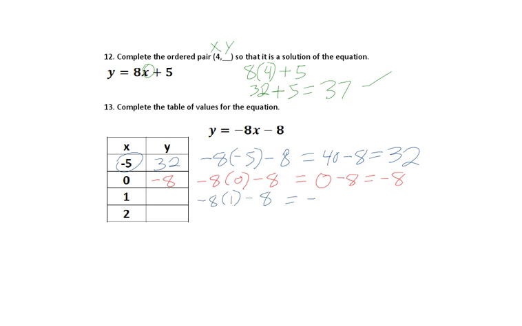Negative 8 times 1 is negative 8, but negative 8 subtract 8, negative 16. And 2. Negative 8 times 2 minus 8. Negative 8 times 2 is negative 16, but negative 16 minus 8, negative 24. And there it is.